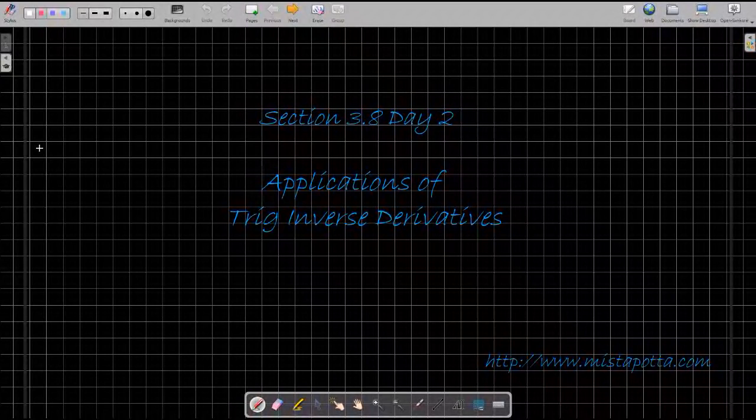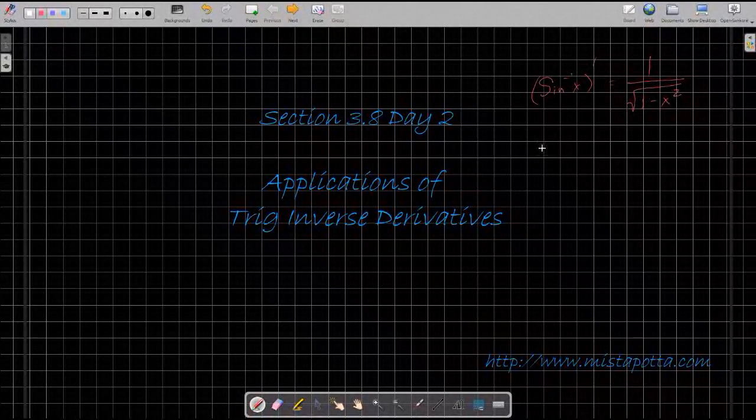Today we're going to extend what we talked about last time. Last time we came up with trig inverse derivatives. The idea that I could write the inverse trig function sine inverse of x, and if I want to take its derivative, I end up with 1 over radical 1 minus x squared.